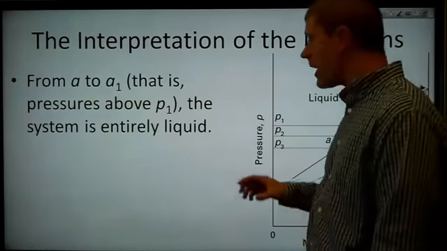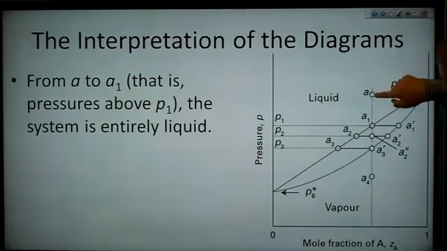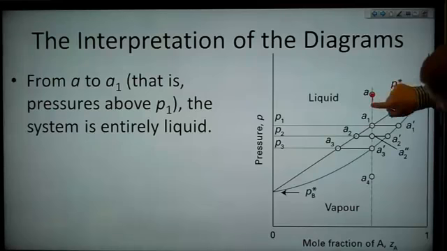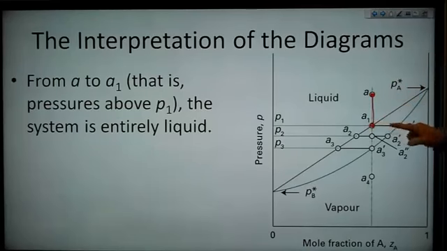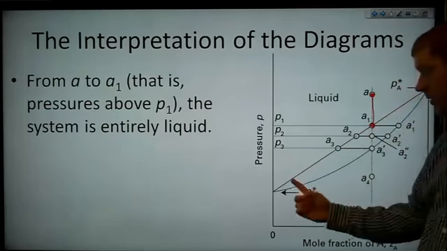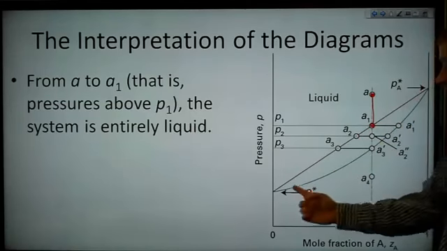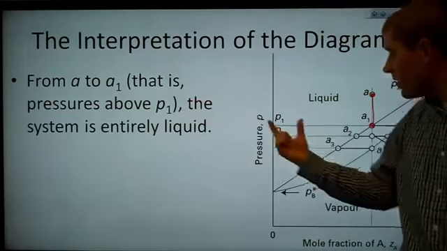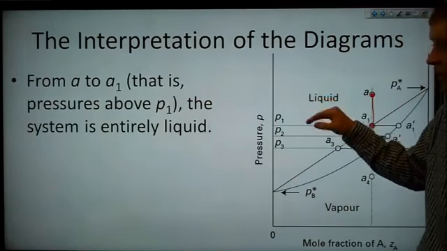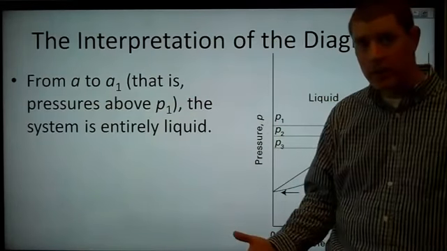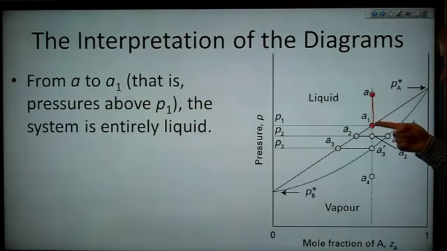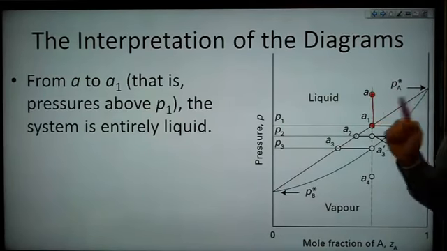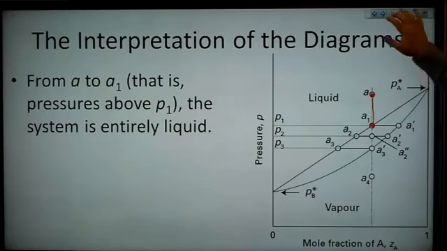So as we go from A to A1, from this point down to this point, note that A1 is on this red line. So this is pressures above P1. For pressures above P1, the system is entirely liquid. And it's only once we reach this red line along our isopleth that we get some vapor phase forming.